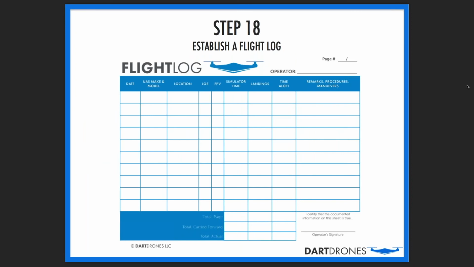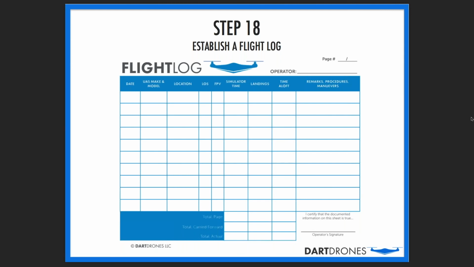Flight log, and this is going to be for not only the aircraft, but for the pilot. Your pilot should be documenting every single hour or any single operation that they do. We document not only for the aircraft, for mission specific, so each mission is documented, each maintenance flight is documented, but you also want to document the pilot and also what kind of flight it was. Was it a night operation?